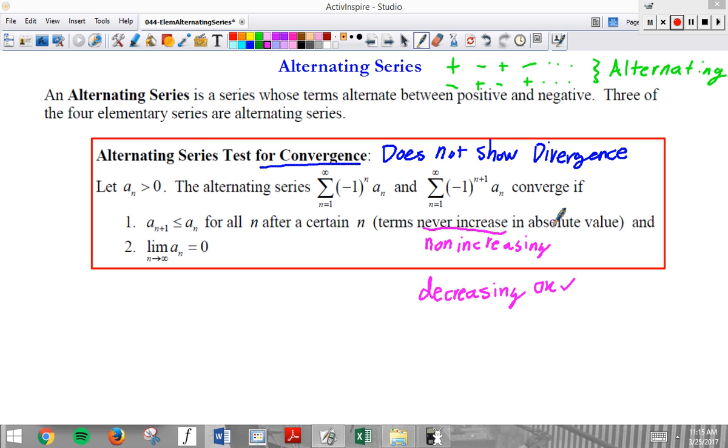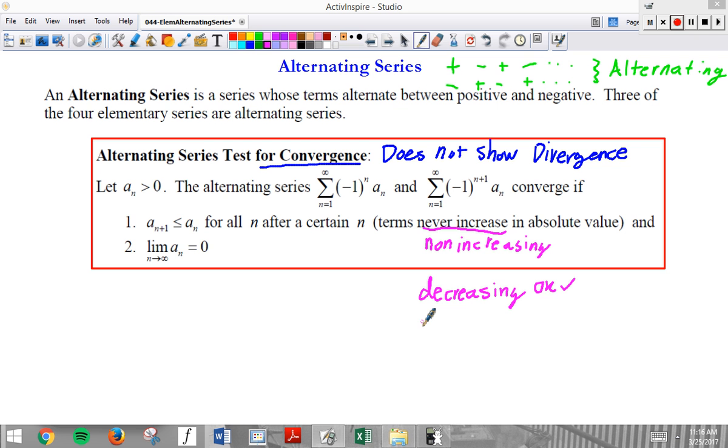It just can never go up in absolute value. It can never just start increasing. It can go 1, 1, 1, 1, 0. It can't go 1, 2, 1, 0.